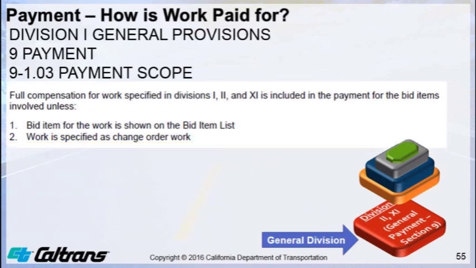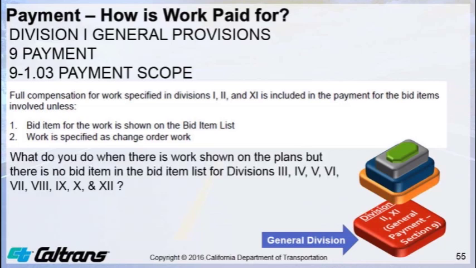Moving on, in the case where there is work shown on the plans but there is no bid item, and the bid item lists for Divisions 3, 4, 5, 6, 7, 8, 9, 10, or 12, then the Section 9-1.03 payment scope paragraph shown on the screen, along with Section 1-1.01, which states the bid item sets forth the construction specifications that apply, protects the contractor from having to perform the work shown on the plans without any compensation if there is no bid item.